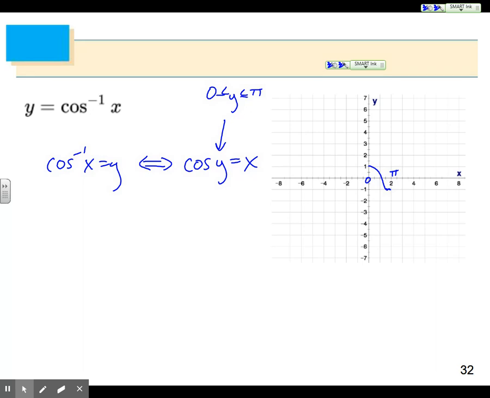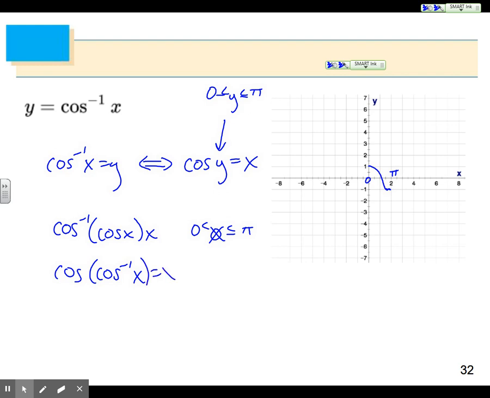It has the same cancellation equations as my sine function does. I've got cosine inverse of cosine x is going to equal x, and this is going to be true for x between 0 and pi. And I'm going to have cosine of cosine inverse of x is also going to equal x, and this is going to be true anytime x is between 0 and 1.